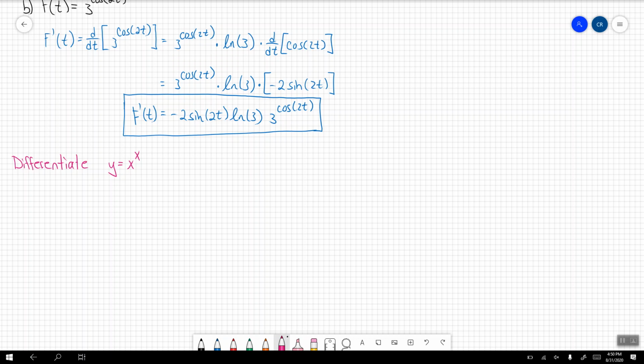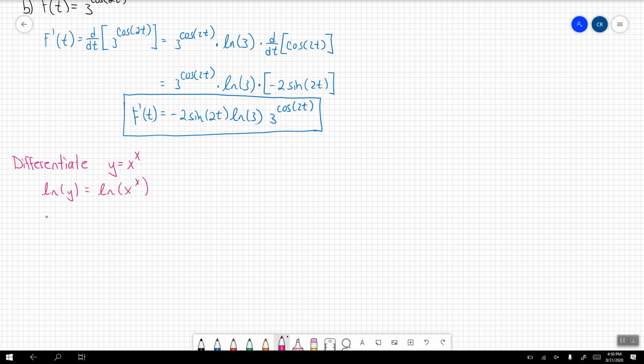So instead, what we try to use here is our algebra techniques to break this down a little bit further. What we can do here is apply the logarithm function onto both sides.